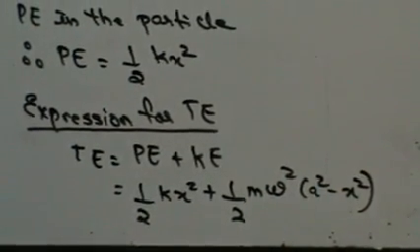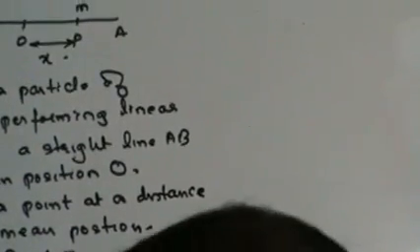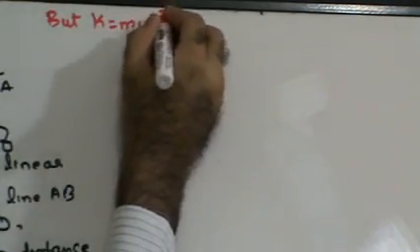Now, when we were deriving the differential equation of SHM, we had said that k is nothing but m omega square.